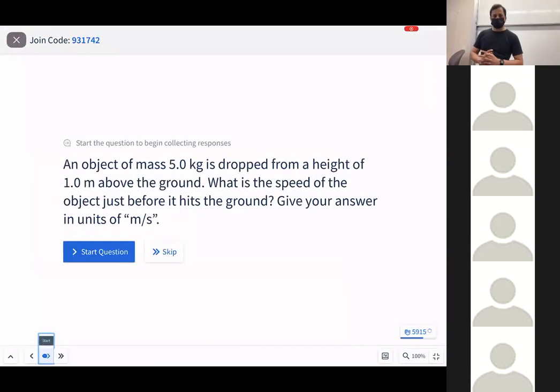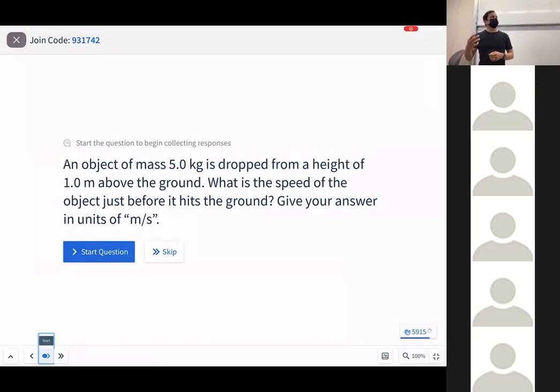See if you guys can do this problem. An object of mass 5 kilograms is dropped from a height of 1 meter above the ground. What is the speed of the object just before it hits the ground? So again, there's some object that you release from rest 1 meter above the ground, and then what is its speed when it hits the ground?